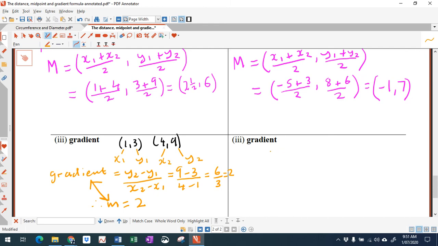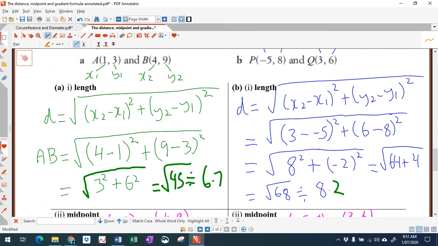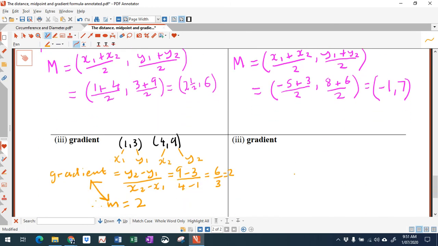All right, let's try the slope for (-5, 8) and (3, 6). So again, we're just going to do the same thing as before, which is going to write down the coordinates, (-5, 8) and (3, 6).